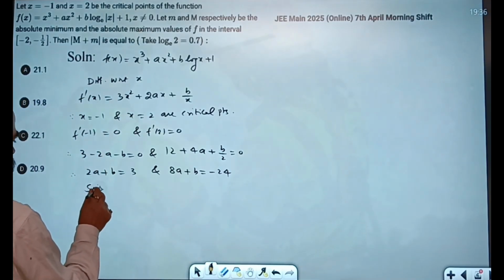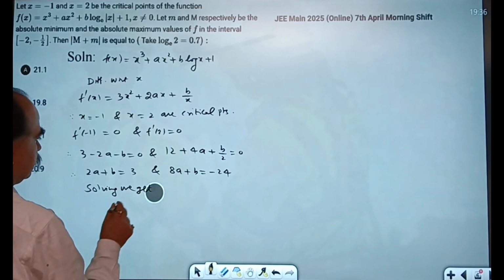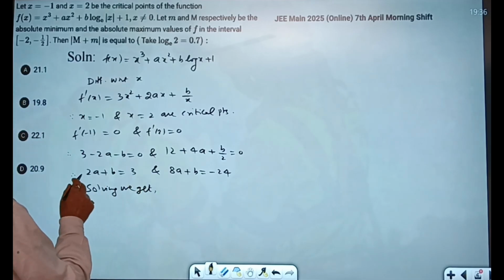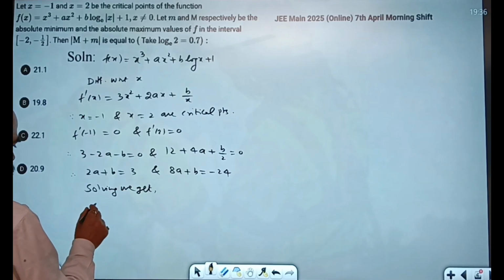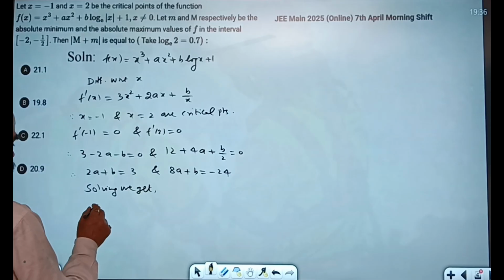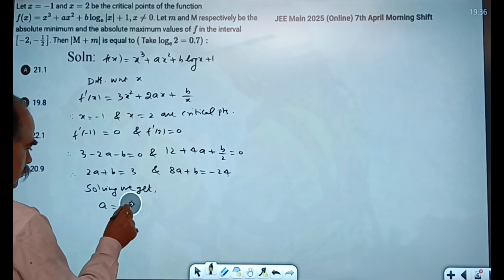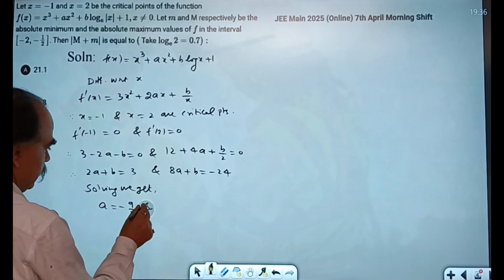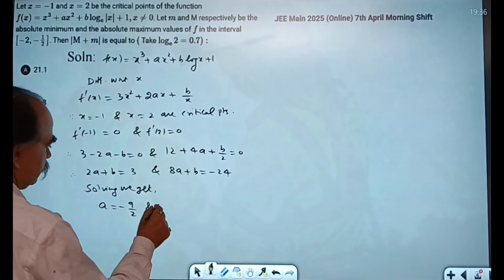Solving, we get 8a minus 2a, 6a is minus 27. A is what? Minus 9 upon 2. And replacing minus 9 upon 2, b is what? 12.